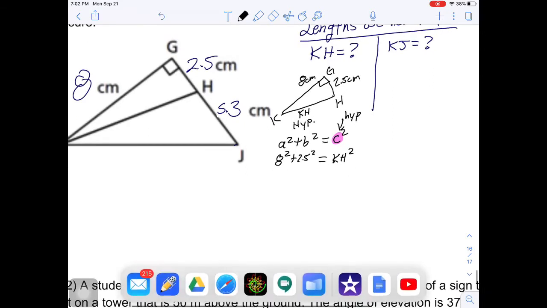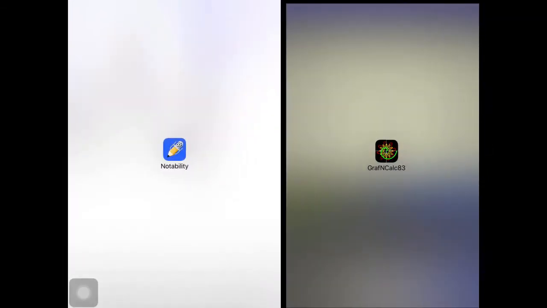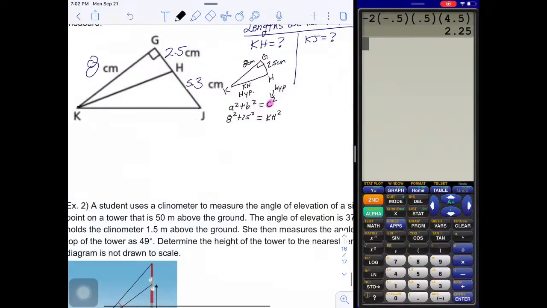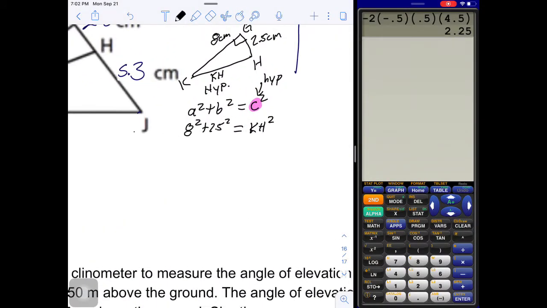And now we're solving for K to H. So remember where our squared button is. Our squared button is found right here, so this will be 8 squared plus 2.5 squared. As you can see up here, we've got 8 squared plus 2.5 squared.